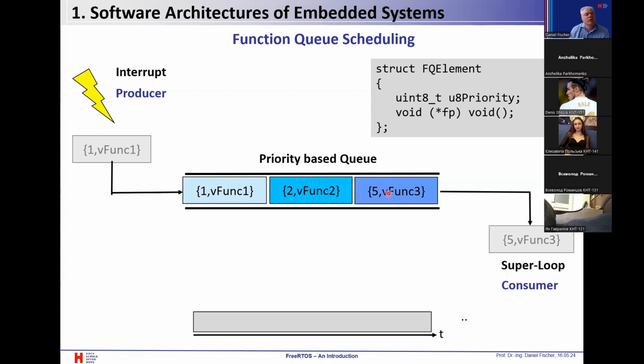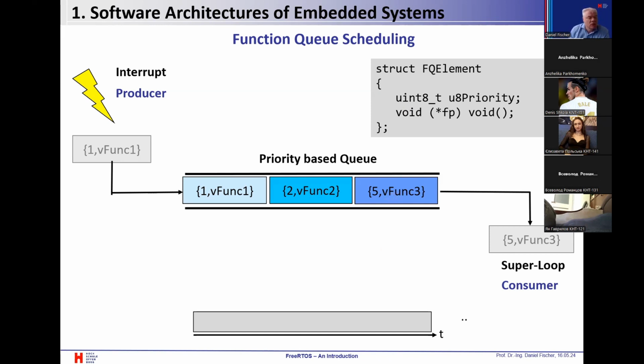On the right-hand side, you can see the tasks which have a higher priority. They are put in on the inside in a sorted way. So the consumer is always reading and executing the task with the highest priority.